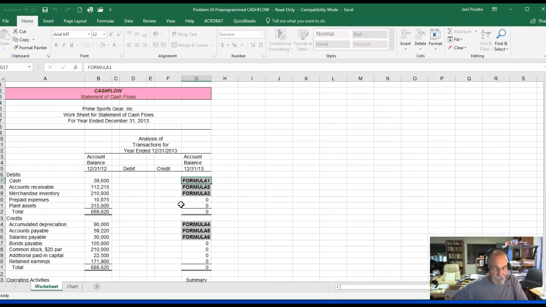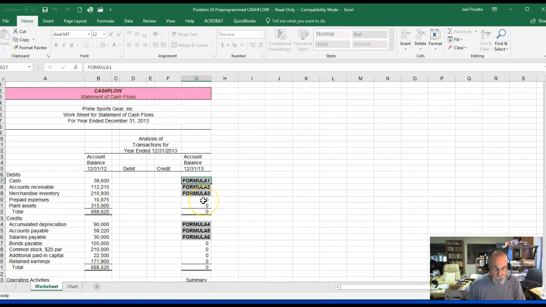Interpret cash flow trends. We're not going to cover that, but that's part of this problem. And a couple other, we're going to create a chart, but we're not going to do this in this video. So let's take a look at the problem data. And again, this is in the textbook on page 83.